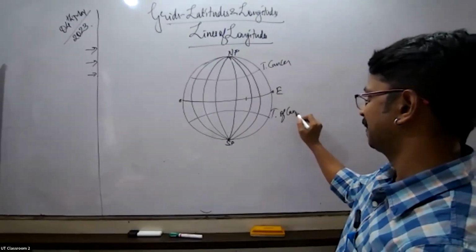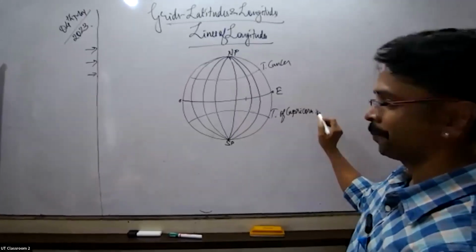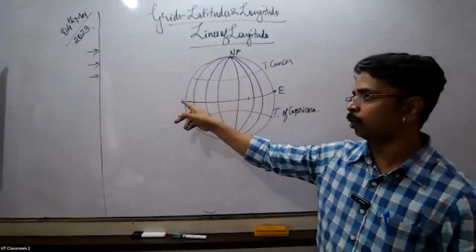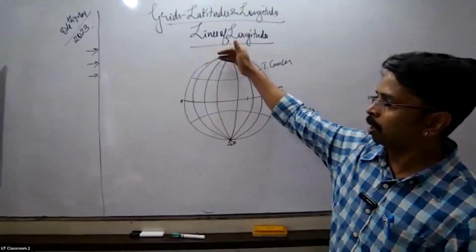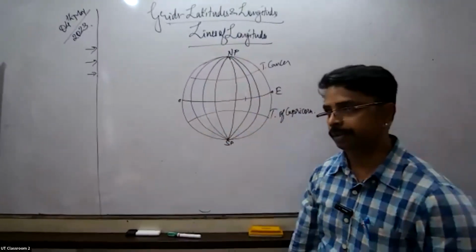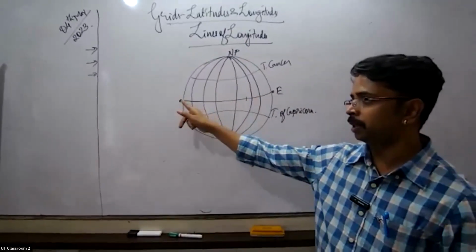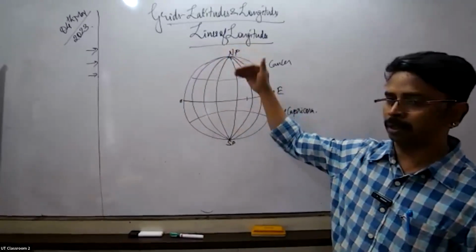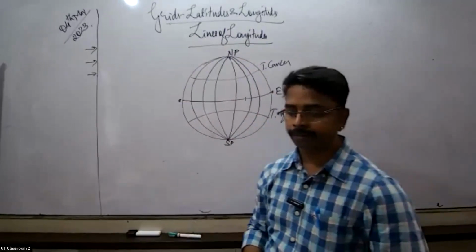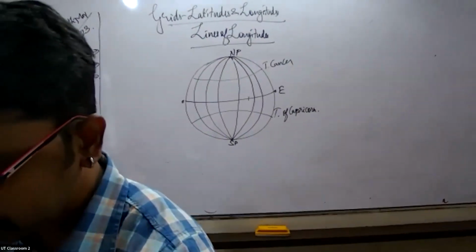Can you tell me what are latitudes? Imaginary lines making an angular distance between north and south of the equator. Say it again.